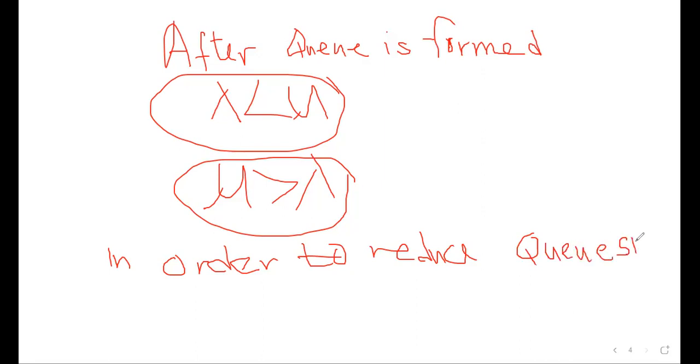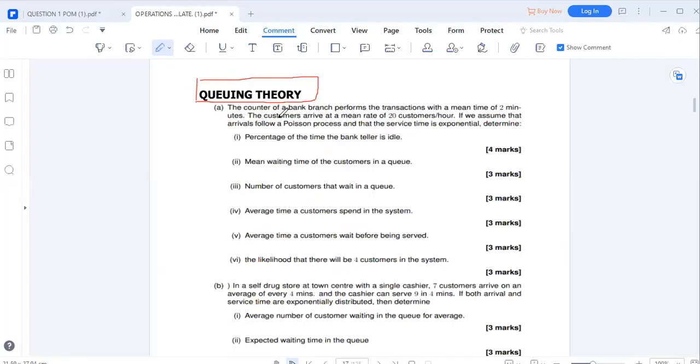So this is what is involved in queuing theory. Getting down to the example, we have a counter at the bank branch that performs a transaction with a mean time of 2 minutes.